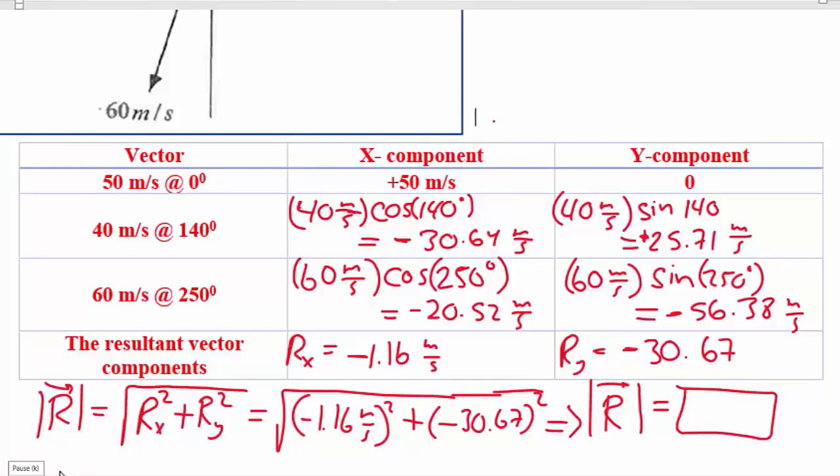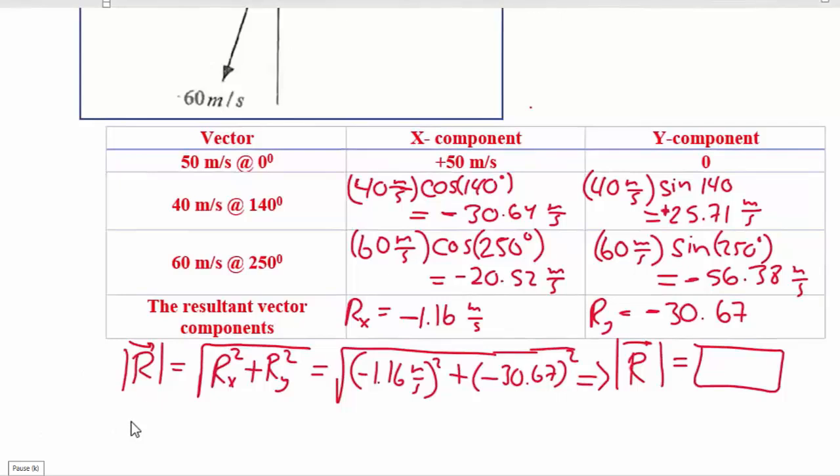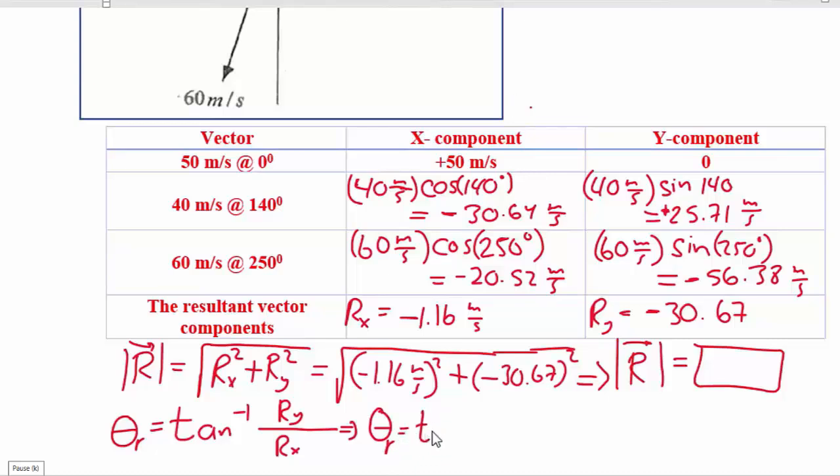Now, magnitude is not enough, we have to find the direction. For the direction, we'll start first by finding the related angle of the resultant vector. It will be the tangent inverse, as we learned, of the y component over the x component. And again, you don't have to include the signs, but if we included the signs, the negatives will cancel out.